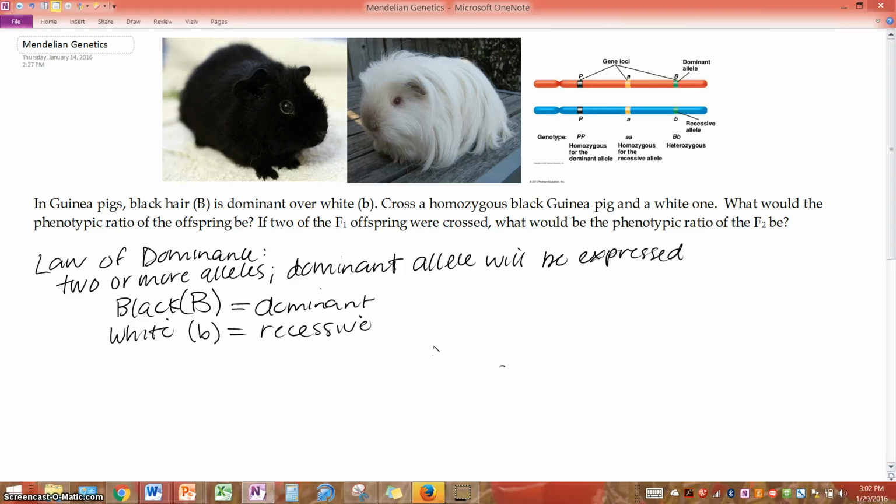It's really important to make a key. Keys really help you for solving problems. I know we're only working with one gene here, but making a key can be really helpful. Remember that all organisms are going to have two copies of each gene.